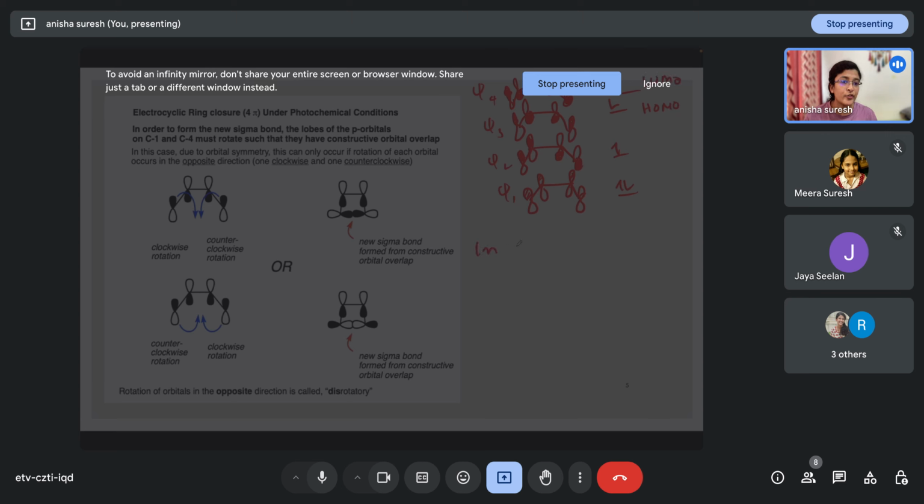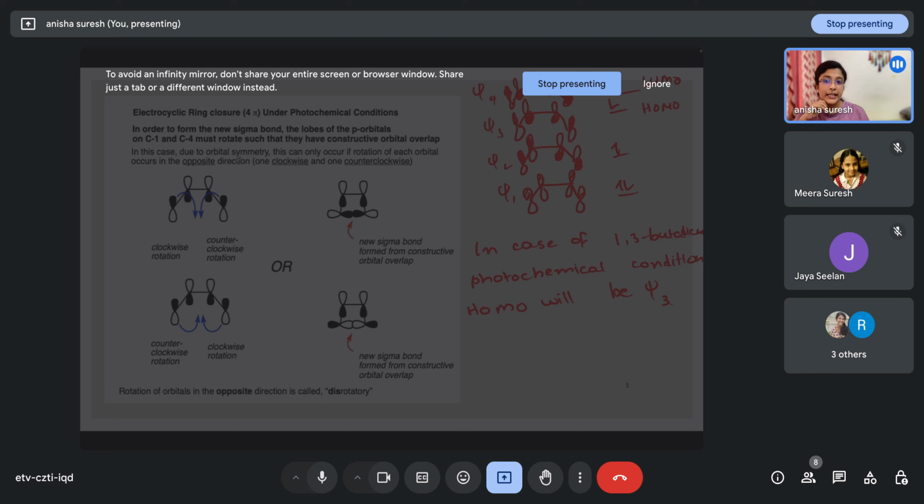So in case of 1,3-butadiene photochemical condition, HOMO will be psi 3. Okay, then when we will be considering the ring closure, we should consider rotation that will give a constructive overlap based on psi 3.